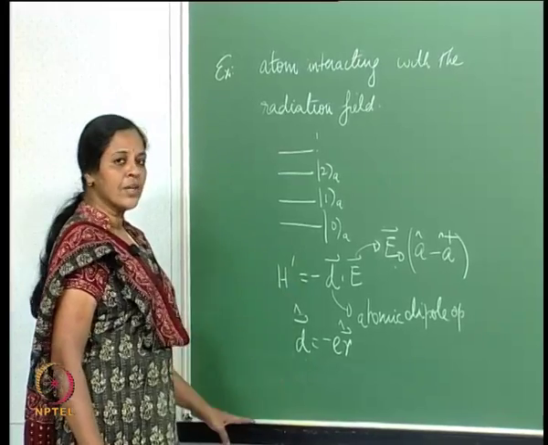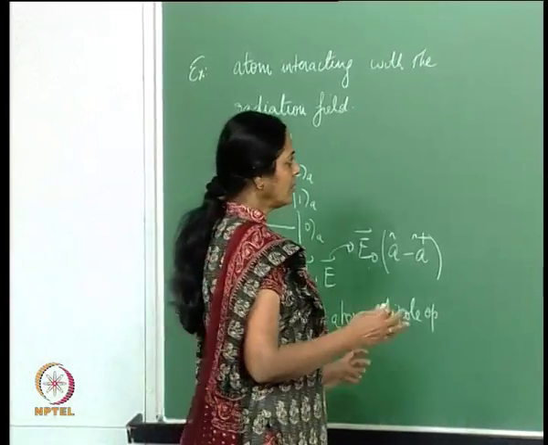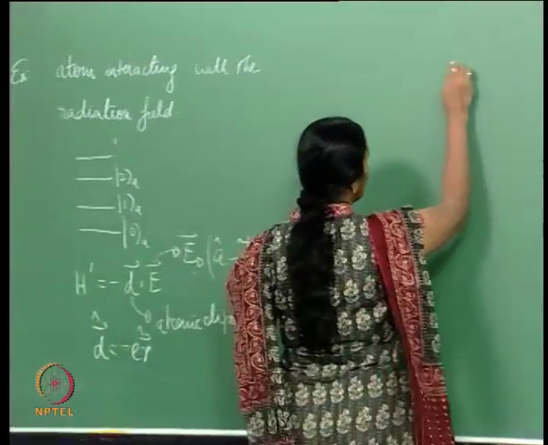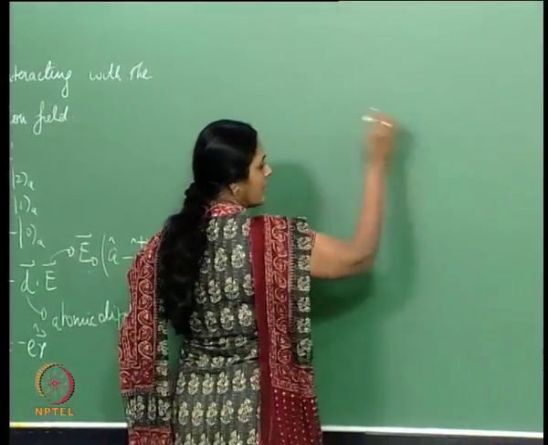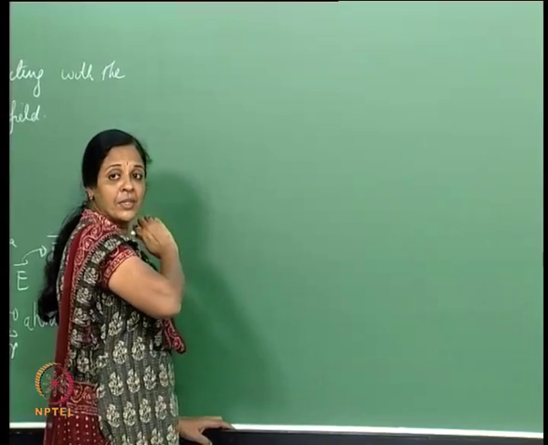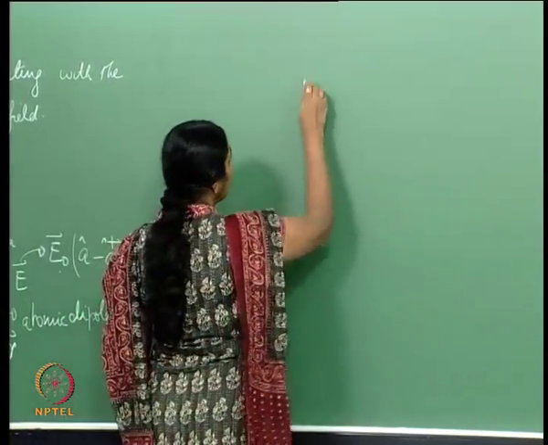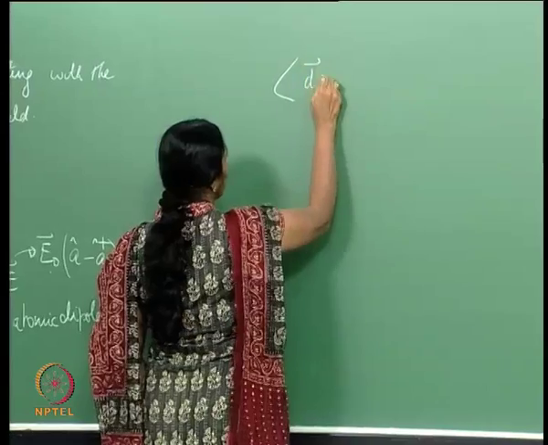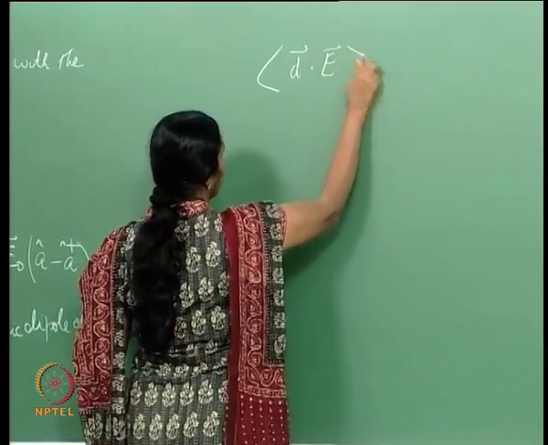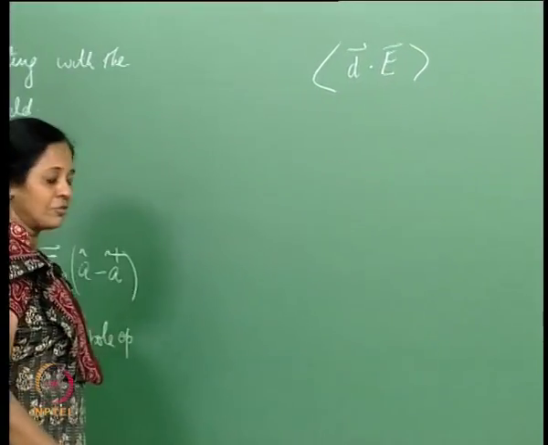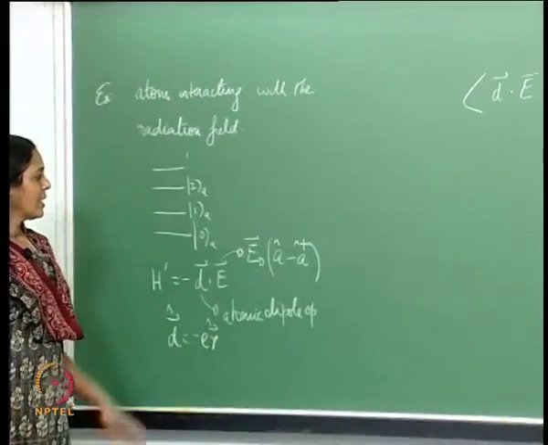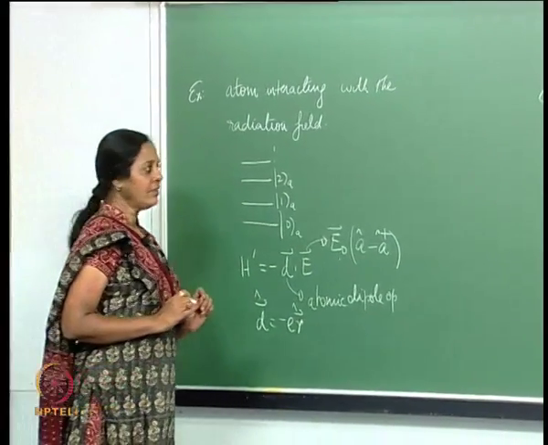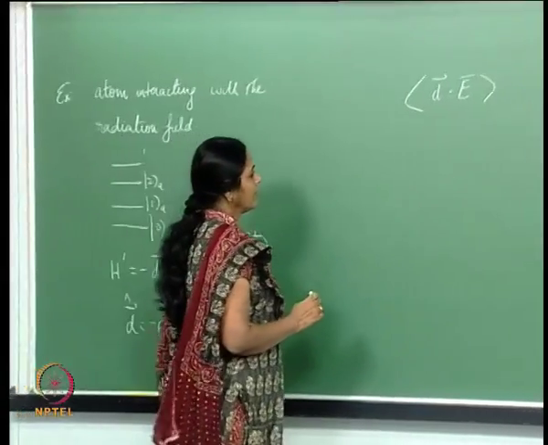Now, in a situation like this, what will I have as far as the matrix elements of H prime go? Basically, I am looking at the matrix elements of D dot E, because that is the perturbing Hamiltonian.